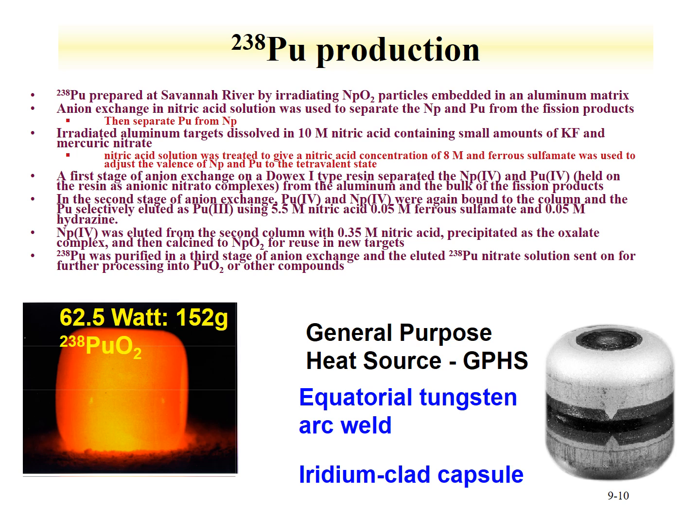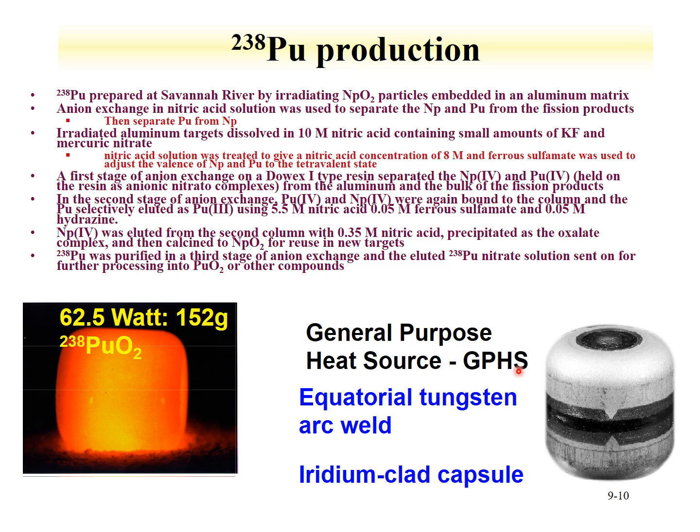The plutonium-238 was purified in the third stage of ion exchange and eluted as the nitrate, and then sent for further processing into the dioxide, generally through the same route where you would precipitate the oxalate, then thermally treat that. As an example, as we already discussed, a 150 gram plutonium dioxide source is a little over 60 watts.